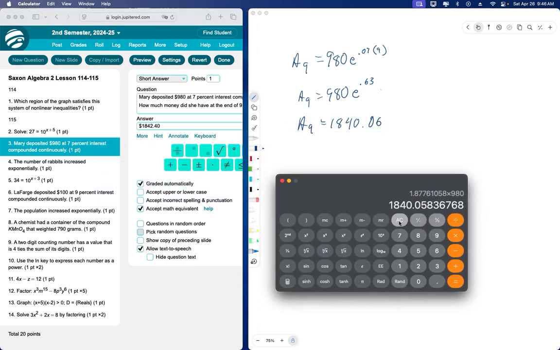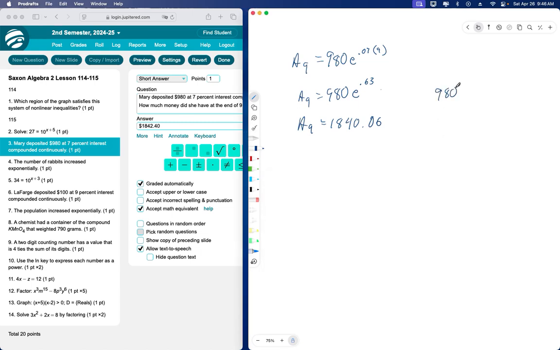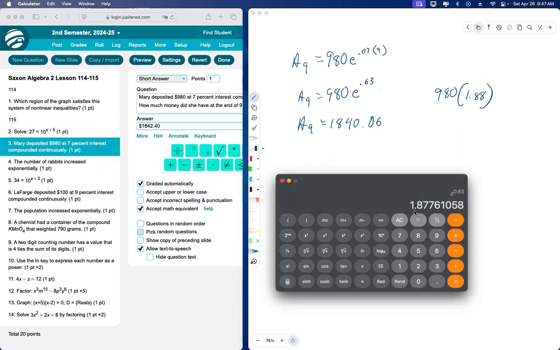Okay, so all clear. This is the full number. It's not rounded. So I'm going to say e to the 0.63 equals 1.88. So 980 times 1.88.